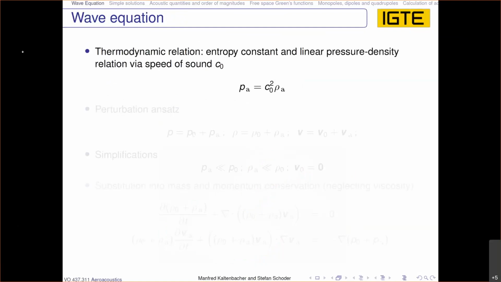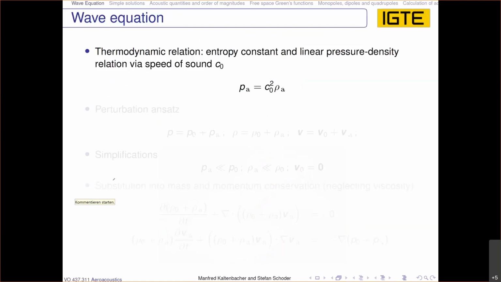Okay, so what are our assumptions? And that is now very important. You have derived, or at least discussed, the very complex equations of compressible fluid dynamics. You have seen the conservation of mass, the conservation of momentum, and the, from my point of view, ugly equation of the conservation of energy.